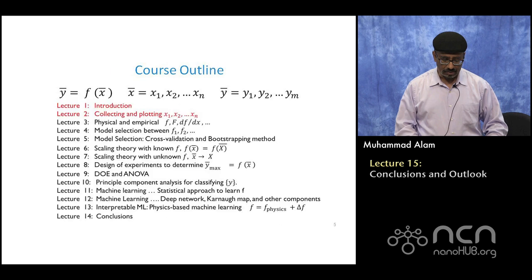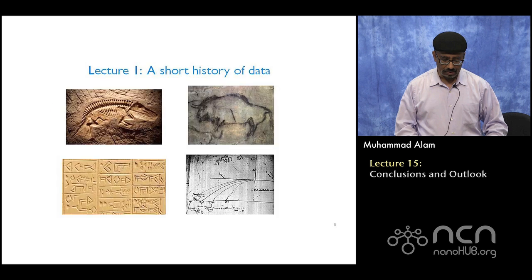So what I'm going to do today is just go over the various lectures in brief, reminding you what the key points were. In lecture 1 and 2, what I wanted to explain was where data come from. What is the importance of small and big data? And I emphasized in the very beginning, of course, that the original data is all written in our DNA.